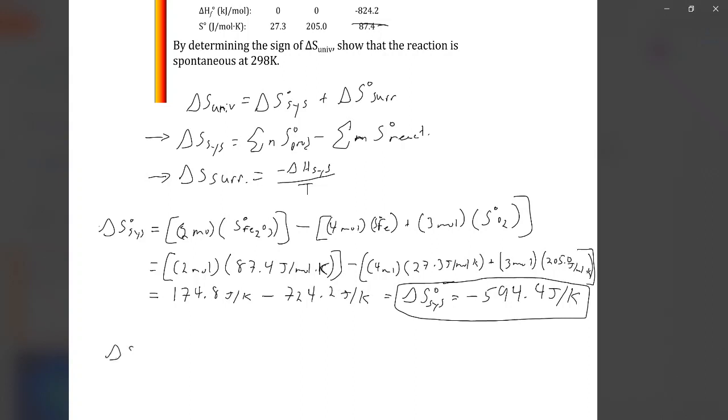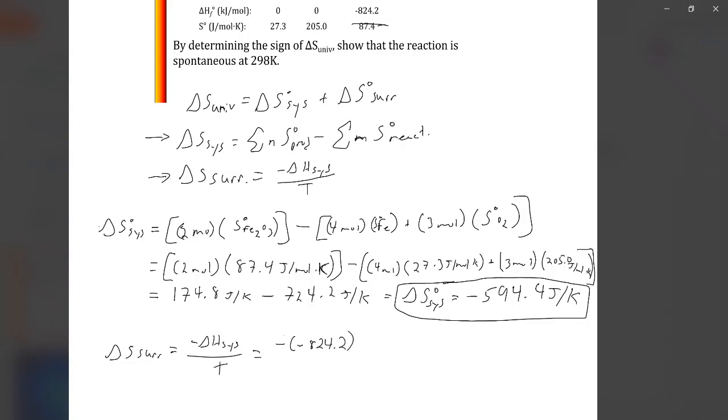So we'll say delta S of the surroundings is going to be equal to minus delta H of the system over T. So this will be equal to, they gave us our delta H up here, so minus 824.2.